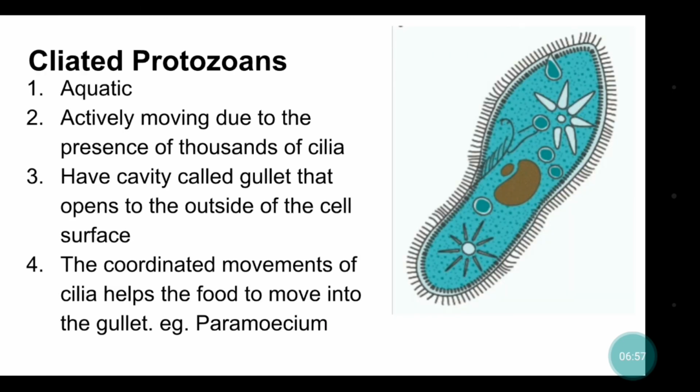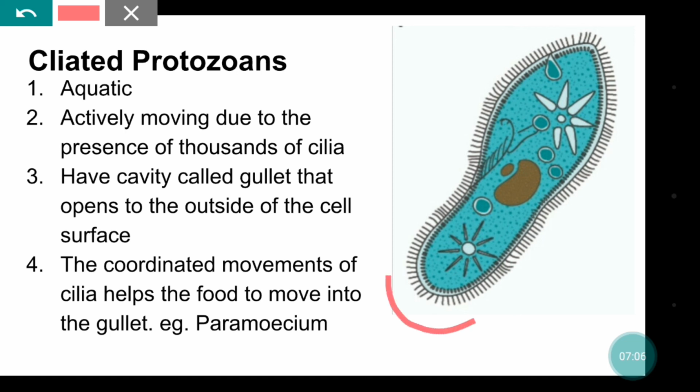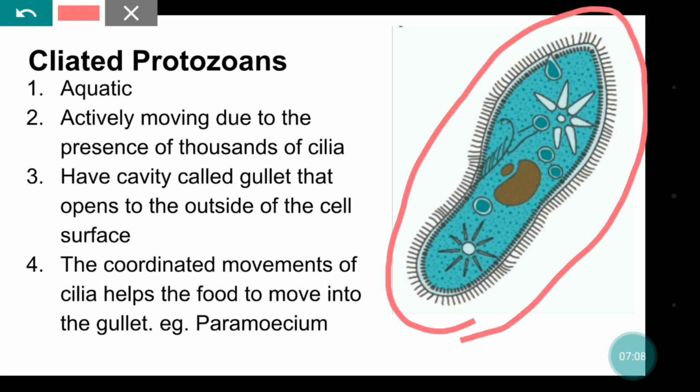Now the ciliated protozoans. This is the picture of paramecium, right? So these have a slipper-like structure, and these small projections are cilia, right? And with the help of these cilia they move. And it has a cavity called gullet that opens to the outside of the cell surface, like this.